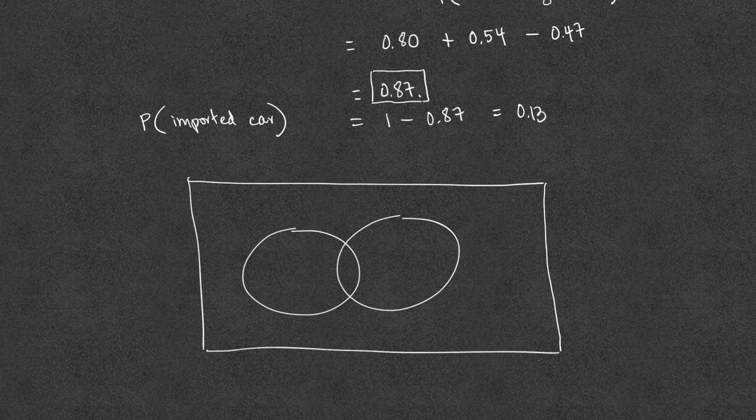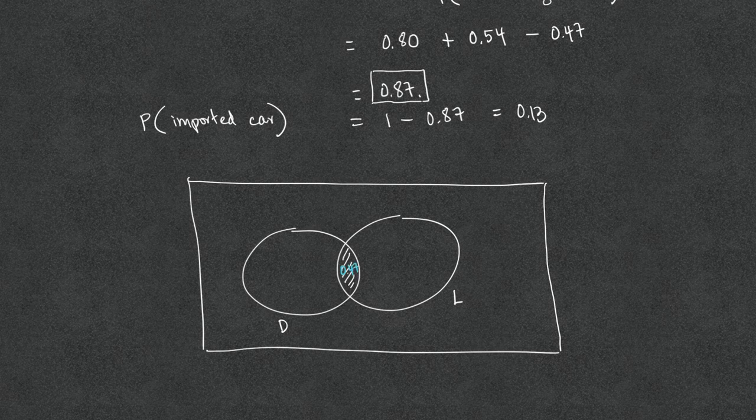The first event is domestic. The second event in this case is a light truck. And the intersection is what they have in common. We were told that the intersection is 47%. That is, 47% of the vehicles were domestic light truck. And so the intersection is 0.47.